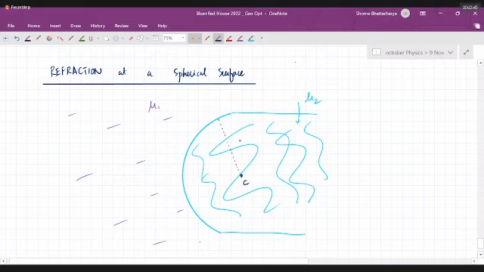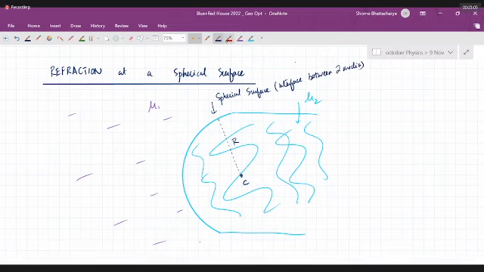The radius of curvature of this, so this is a spherical surface. This is acting as the interface between the two media, the refractive index mu1 and mu2.